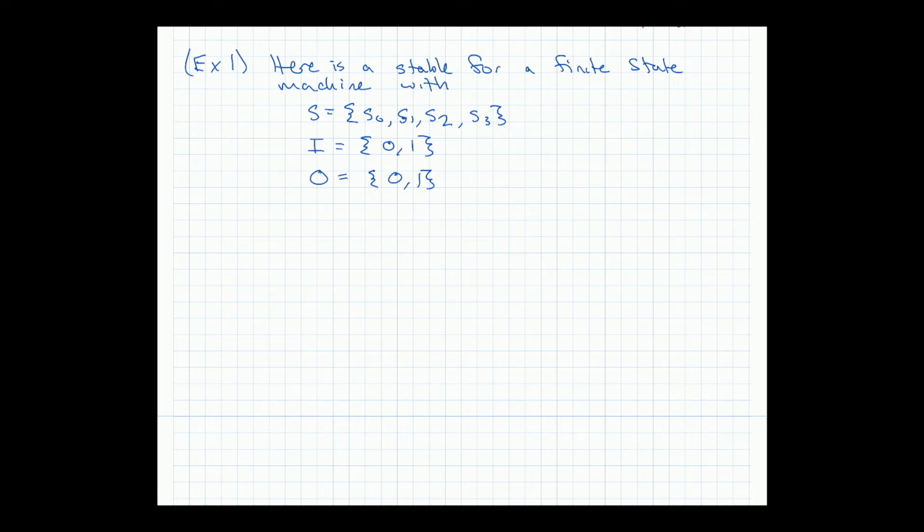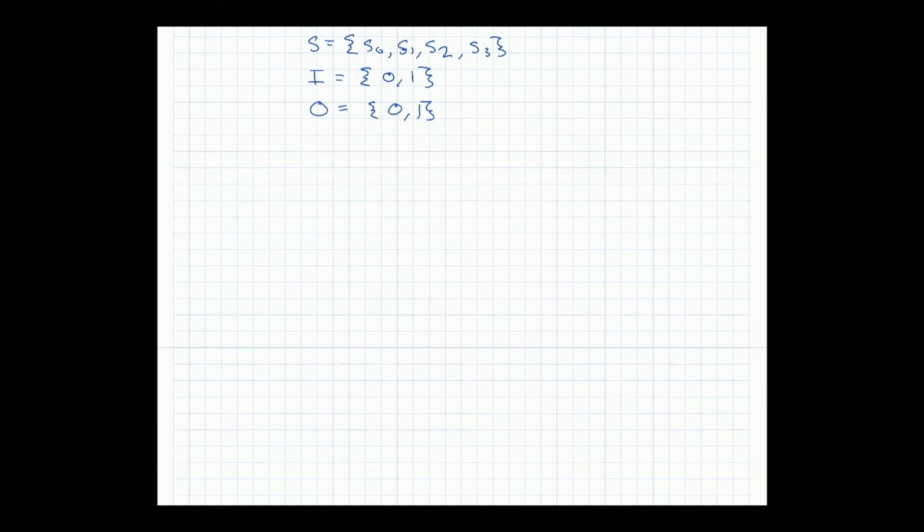We need the F and the G. Well, we're not going to list out the F and the G. We're going to show them in the table. That's how we did it for the vending machine anyway. So F and G are shown in the table, and then we need a starting state.